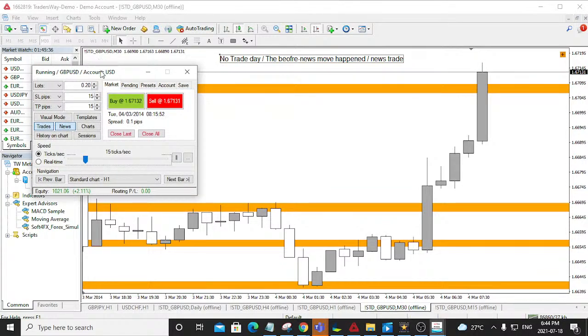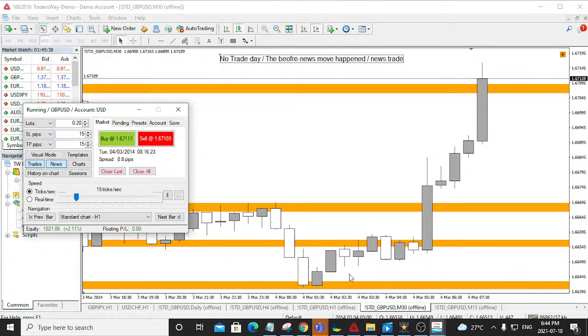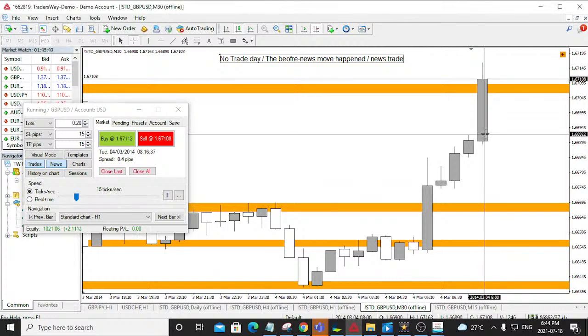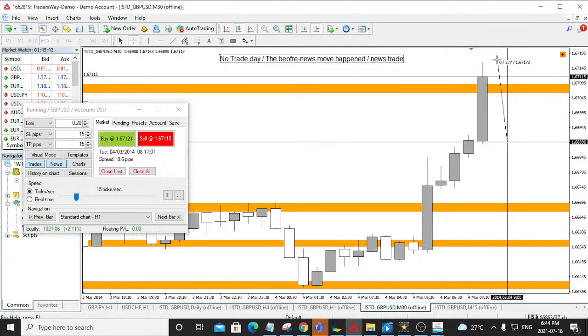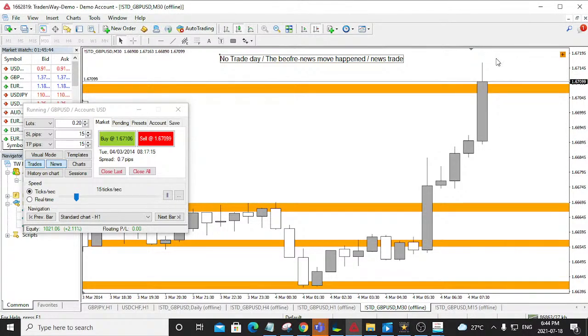It is 8:15. So this is the New York Open. This literal candle right here that actually just pushed up this 130 pips is the New York Open.